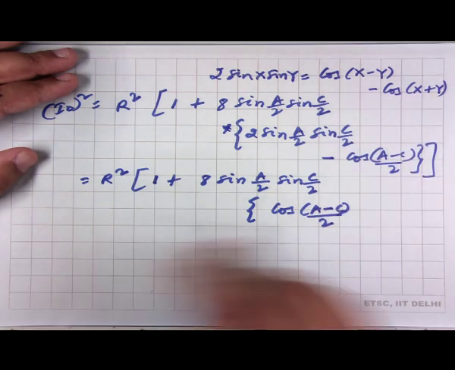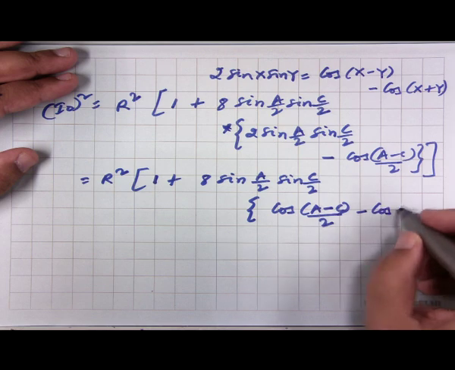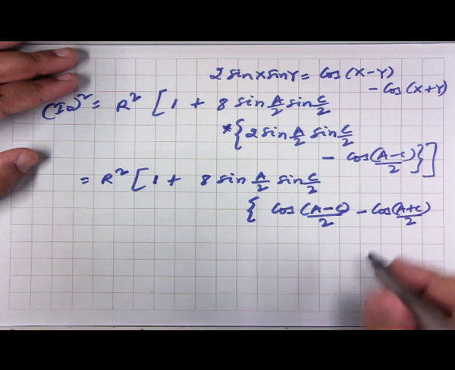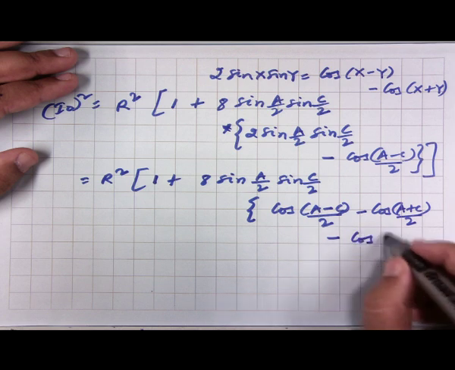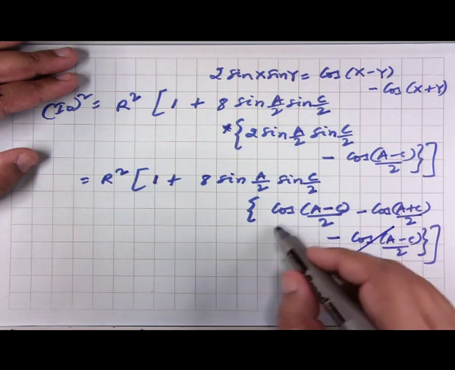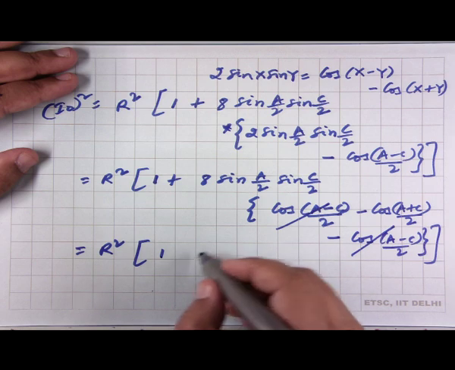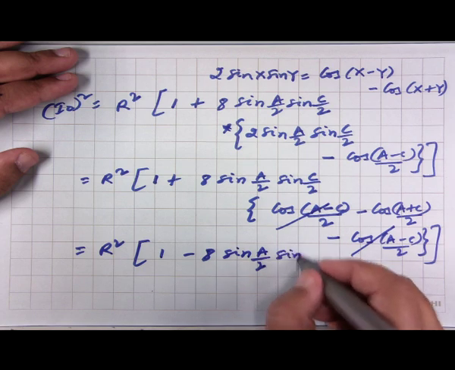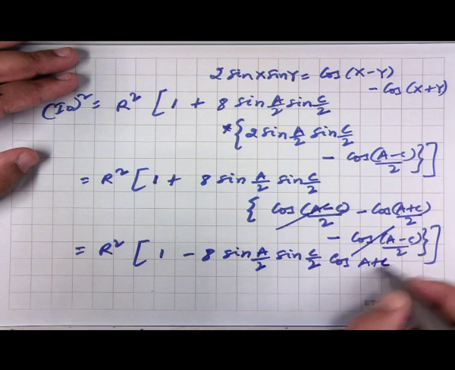And therefore, using that formula, we get this to be equal to cos of A minus C over 2 minus cos of A plus C over 2 minus cos of A minus C over 2. So, these two terms get cancelled, and finally what we get is that IO square is R square into 1 minus 8 sine A by 2 into sine C by 2 into cos of A plus C over 2.